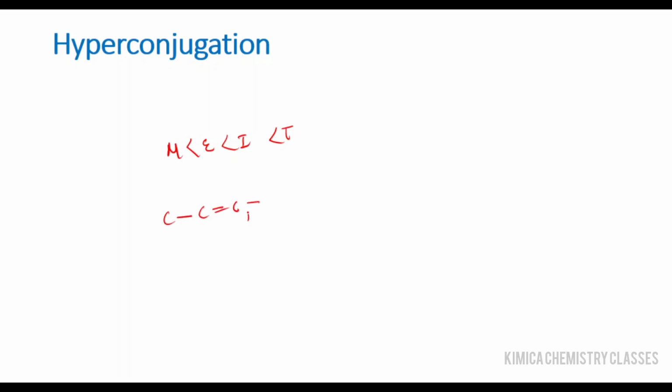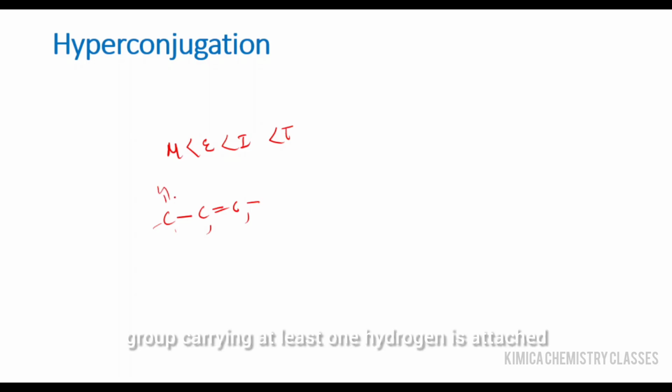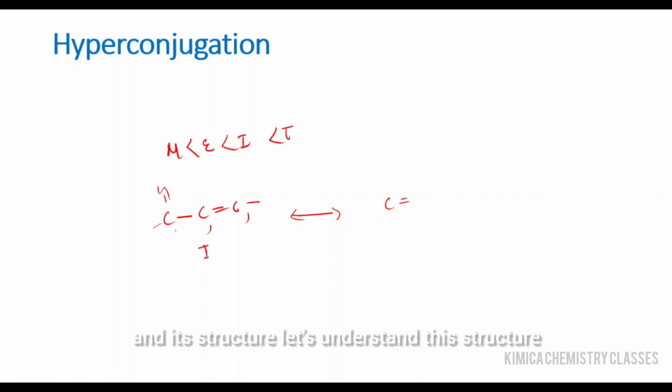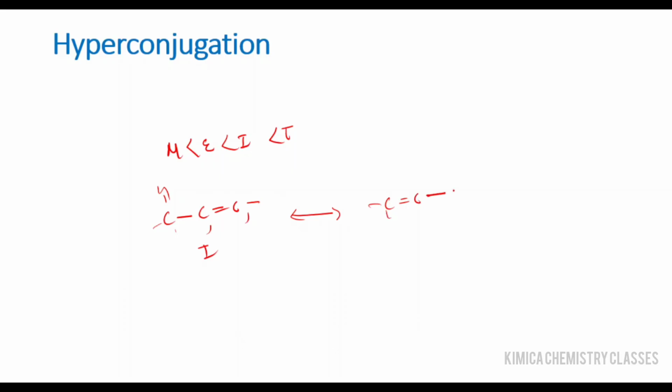According to this concept, if an alkyl group carrying at least one hydrogen is attached to an unsaturated carbon, it releases electrons of the C-H sigma bond towards the multiple bond with polarization of the multiple bond. Let's understand this structure. This is the first structure, and this is the second one, right?